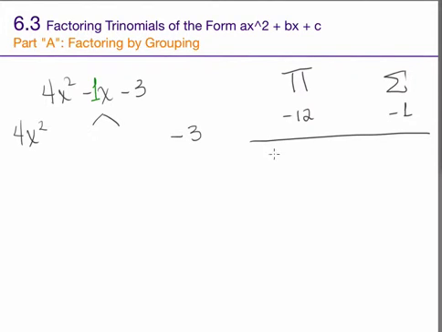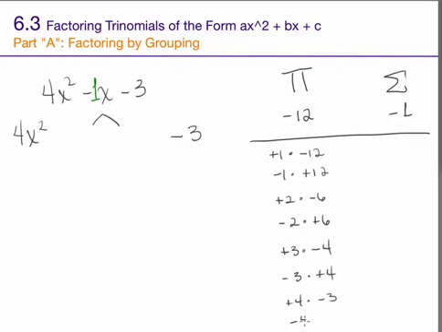The options are positive 1 times negative 12, negative 1 times positive 12, positive 2 times negative 6, or negative 2 times positive 6, positive 3 times negative 4, or negative 3 times positive 4, positive 4 times negative 3, or negative 4 times positive 3.